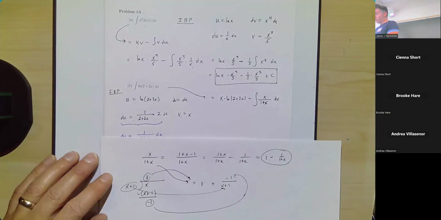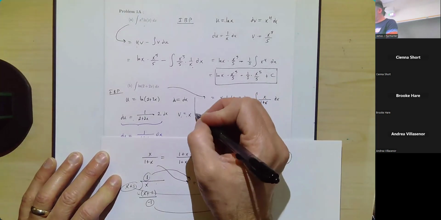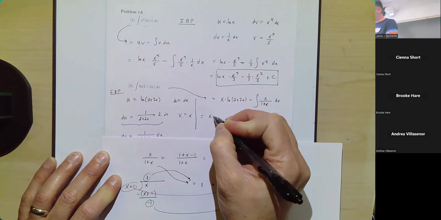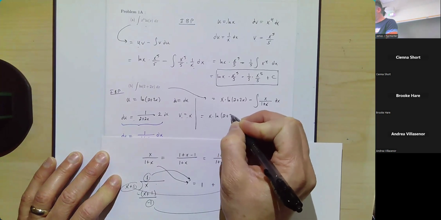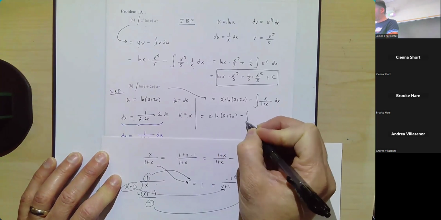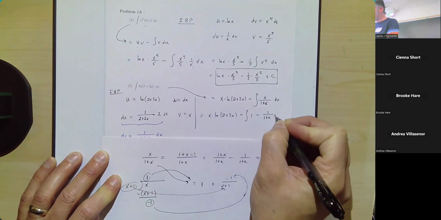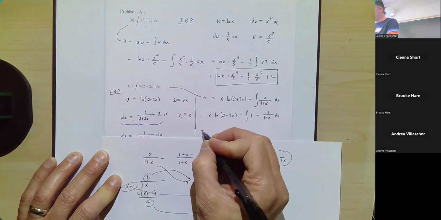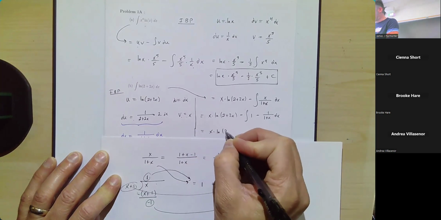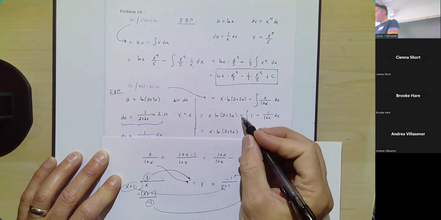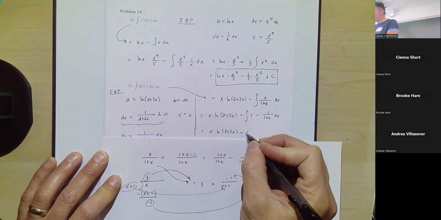So then back to the problem we're actually doing, this is going to end up equaling x times the natural log of 2 plus 2x minus the integral of 1 minus 1 over 1 plus x, which is going to end up giving us x times the natural log of 2 plus 2x. The integral of 1 is just x.